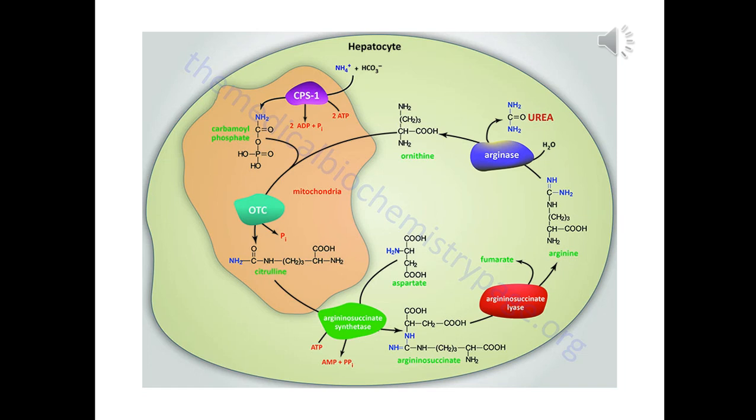Urea is excreted in the urine while ornithine returns back to the cycle. Of course, we should pay attention to the mitochondrial steps and the cytoplasmic steps, the source of ammonia and CO2, the number of ATP consumed, the source of aspartate, and so on. The significance of this cycle is to get rid of ammonia because it is toxic, especially for the brain.